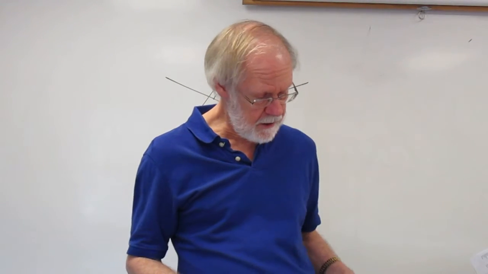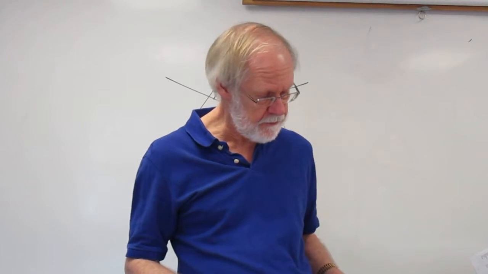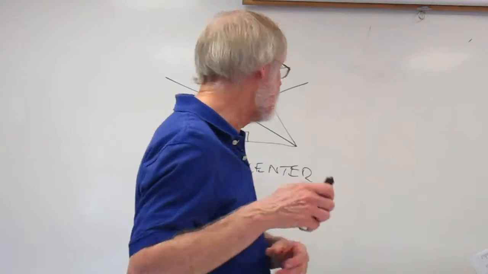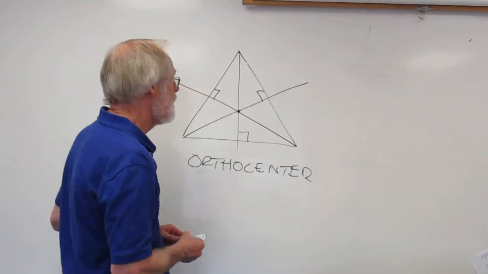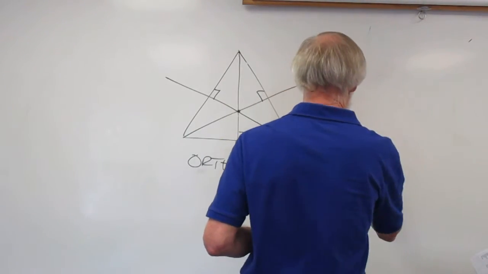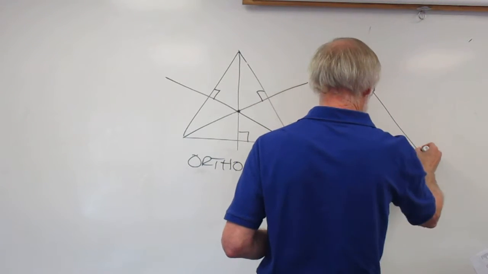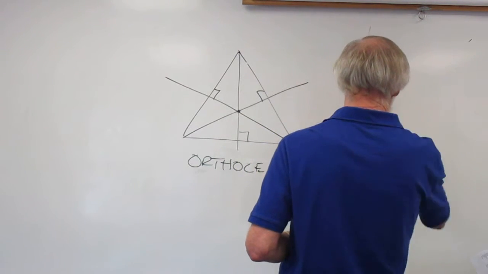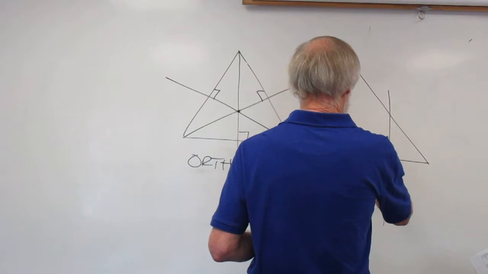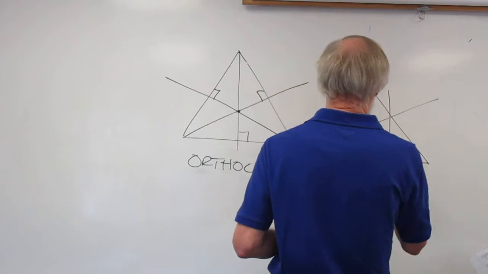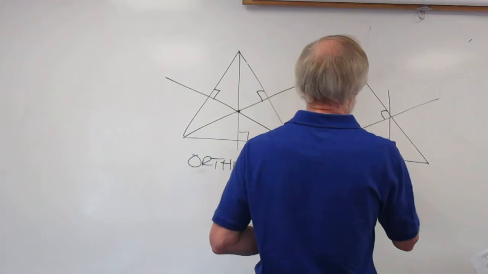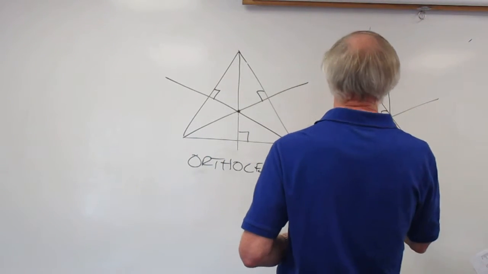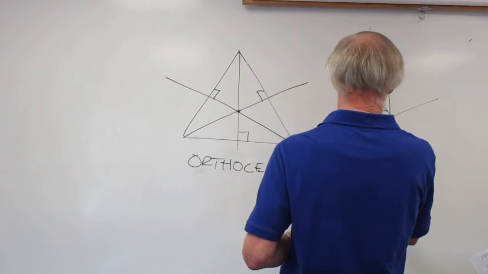If you take a look at the altitudes of a triangle that is not acute, for example, let's see what happens if we take a right triangle, and I make an altitude here, and an altitude here, and an altitude.